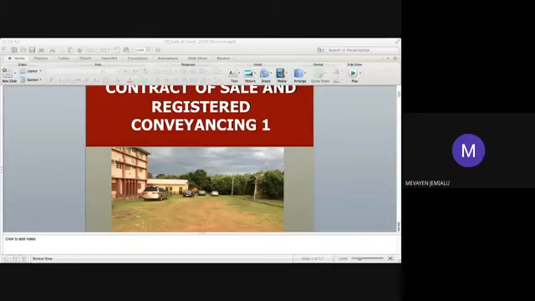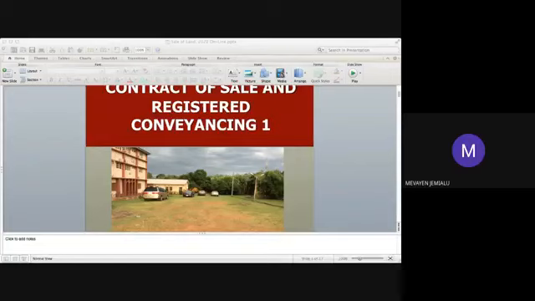Therefore, where land is family or communally owned, any member of that family or community can acquire interest in modern times through various means such as allotment, partitioning, or gift inter vivos.